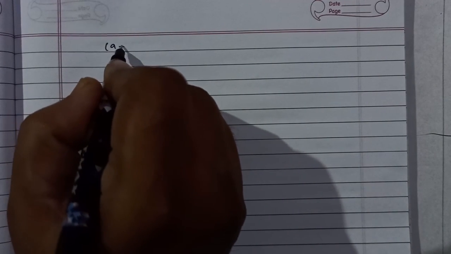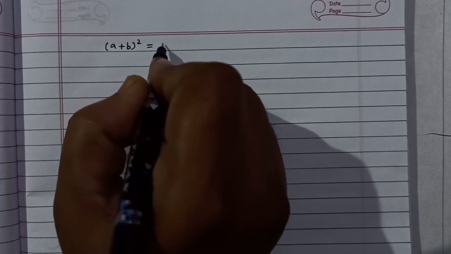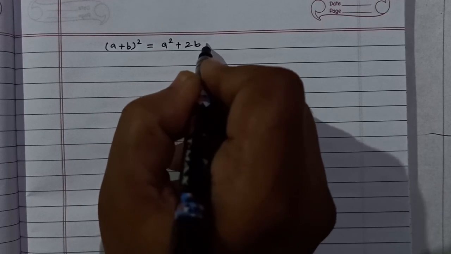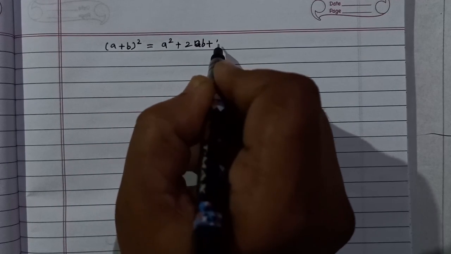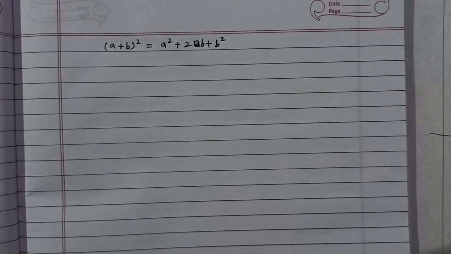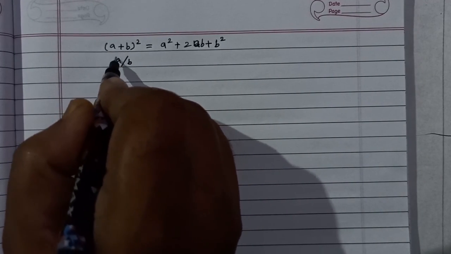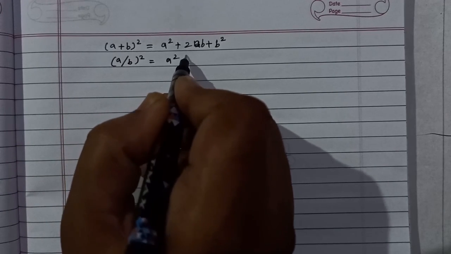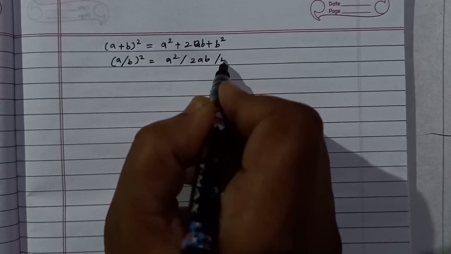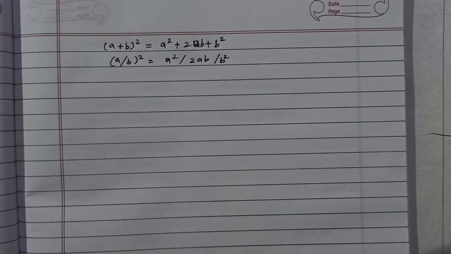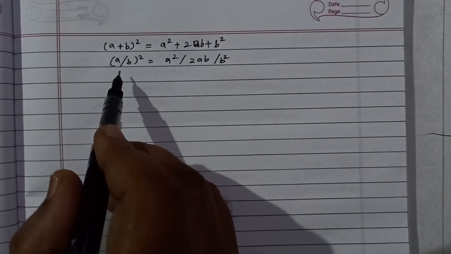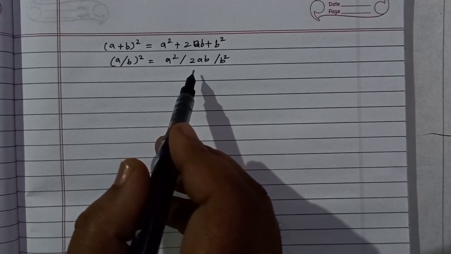Now, another method. By using the identity a plus b whole square, a square plus 2ab plus b square. We use the identity a minus b whole square, a square minus 2ab plus b square. Using this method to find the square of a two-digit number.